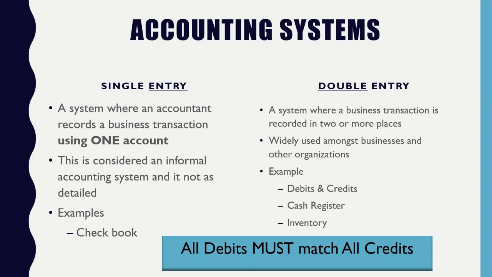Your double entry is not only going to reflect how it happened, but why it happened. So if I wrote that same check, I'm paying for rent. Therefore, I'm going to be utilizing two accounts. One for my checking account, where obviously I'm decreasing my money.